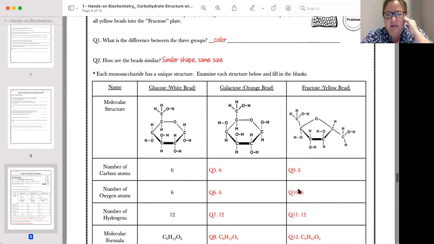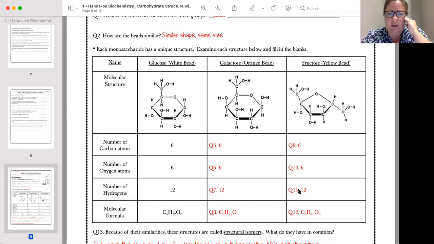So it gives you down here an excellent chart of what the monosaccharides look like. This one is your glucose molecule, the molecular structure.